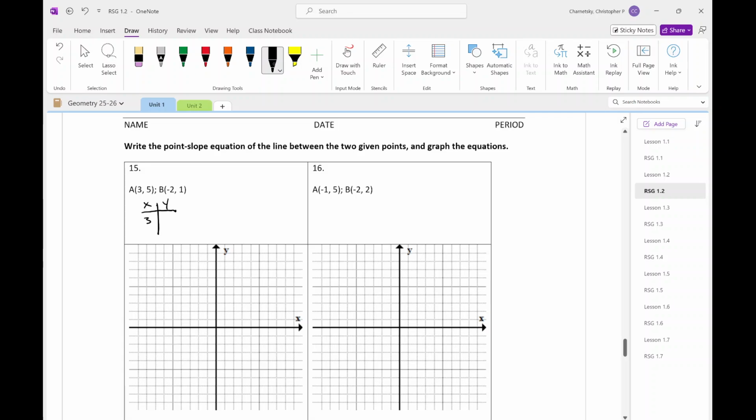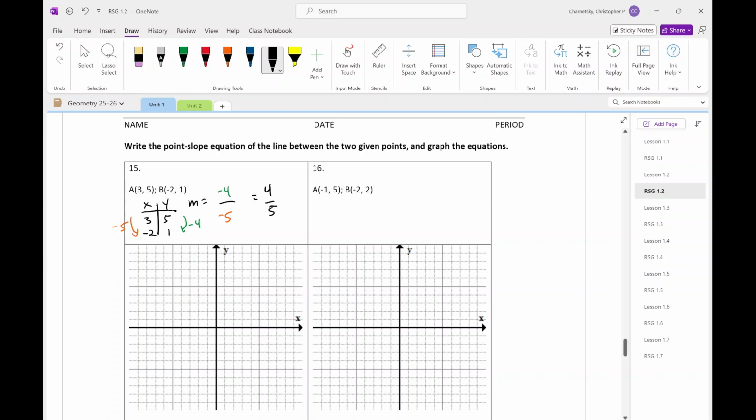If we just put our points here, I can see in my y, I'm going down 4, and in my x, from 3 to -2, that is down 5. So my slope would be -4/-5, or having a negative over negative, that will equal +4/5. So that is our slope.